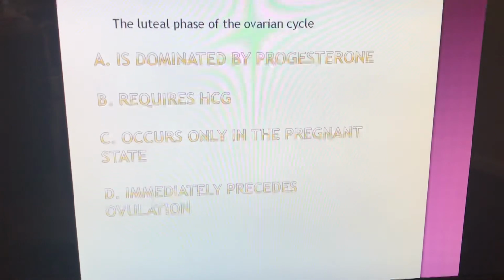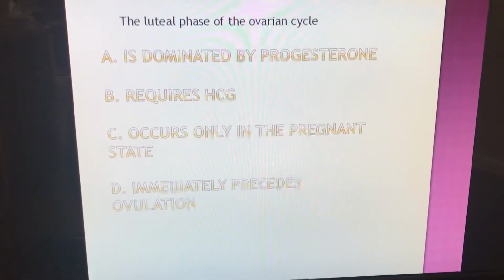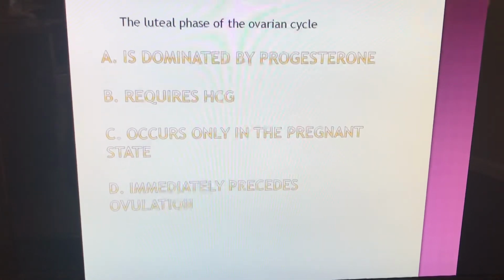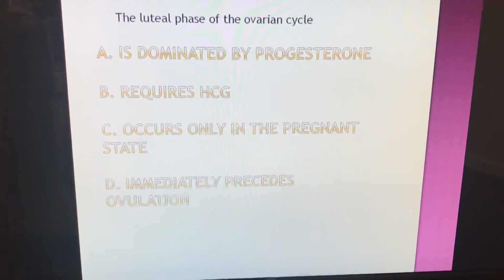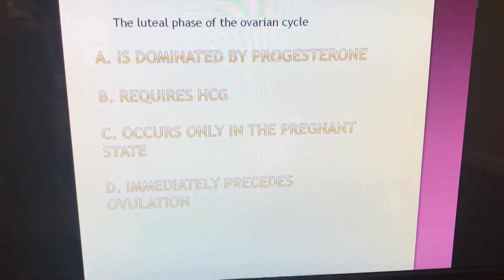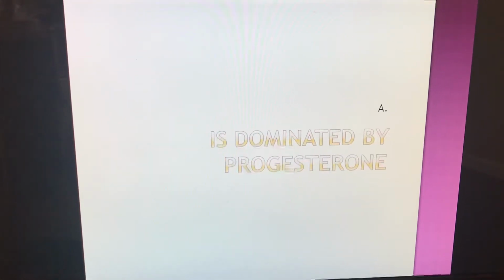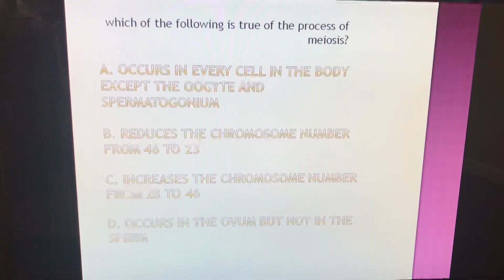The luteal phase of the ovarian cycle: A, is dominated by progesterone, B, requires HCG, C, occurs only in the pregnant state, or D, immediately precedes ovulation. A, is dominated by progesterone.